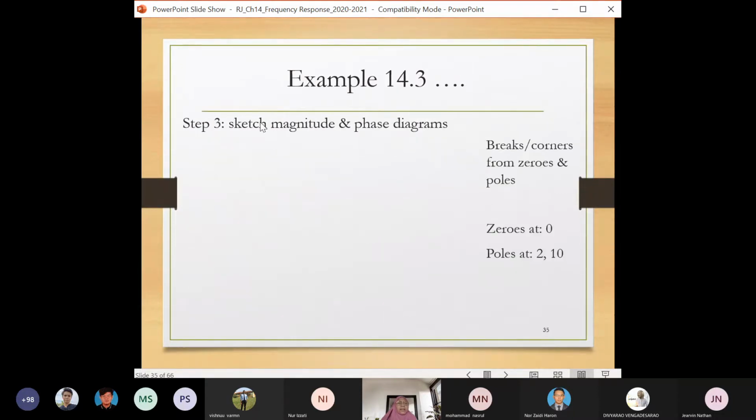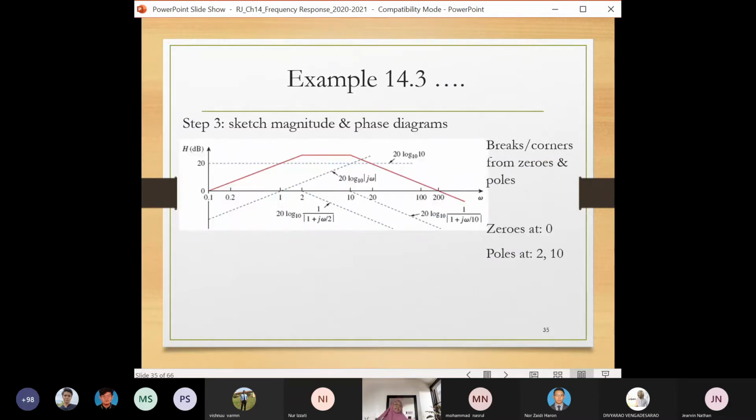The third step is to sketch. The line that runs through 20 dB here is from the K function, 20 log 10 of 10.